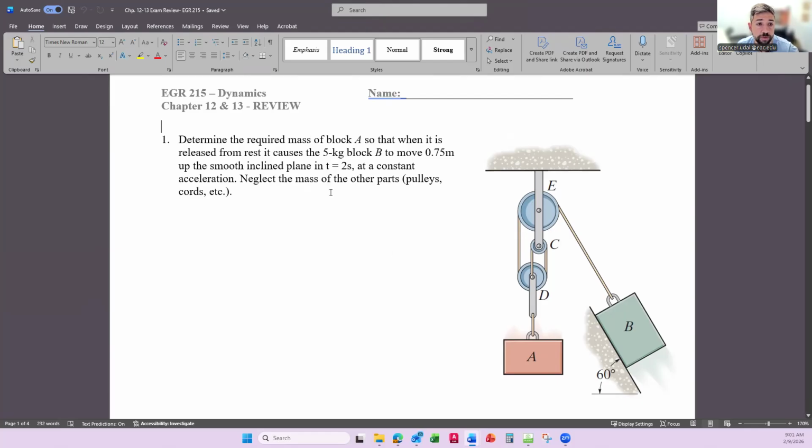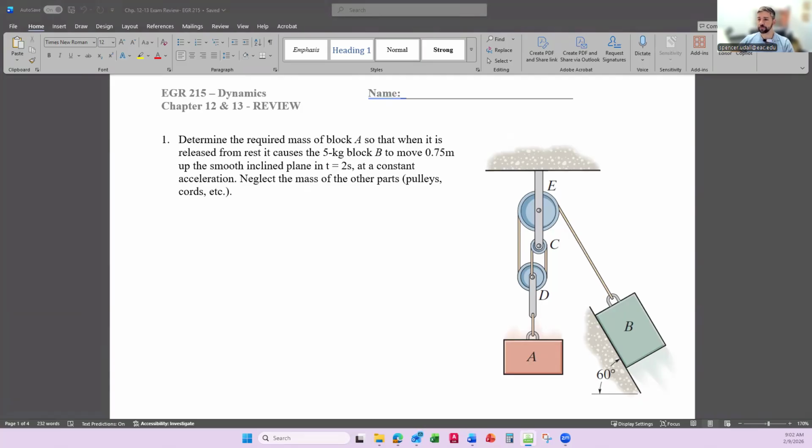We know the mass of block B. We want to know the mass of block A so that when we release it from rest, block B moves 0.75 meters up in 2 seconds at a constant acceleration. All right. Well, I guess we need to relate how these things are moving relative to each other, right? We also need to come up with what that constant acceleration is.